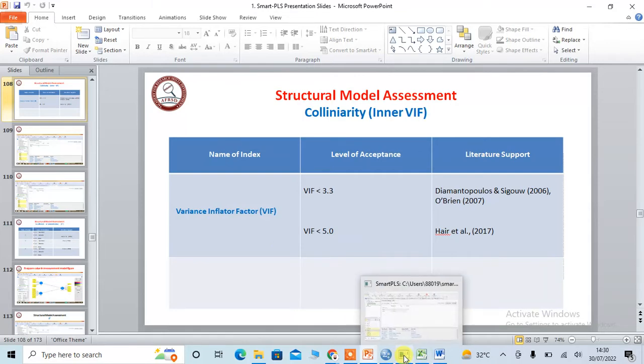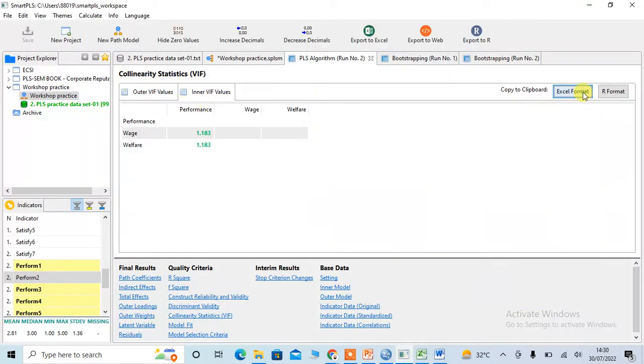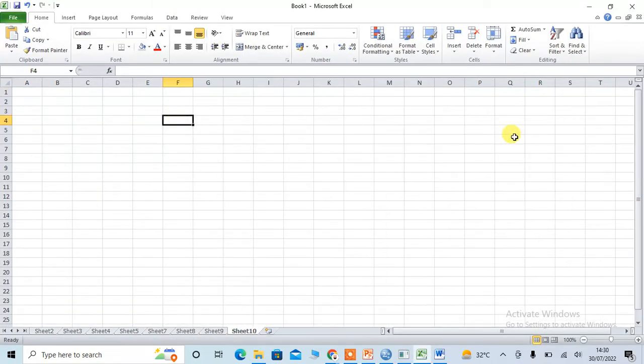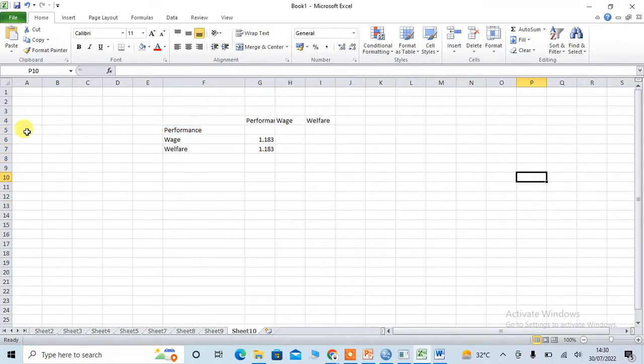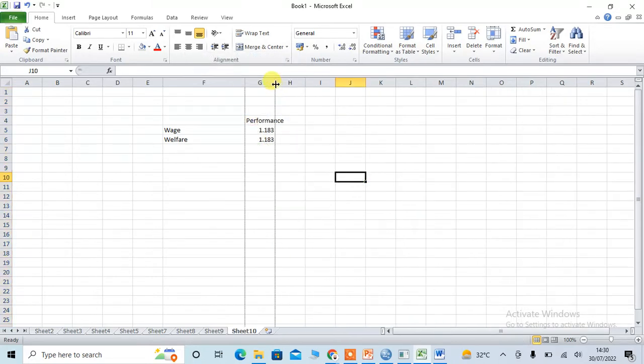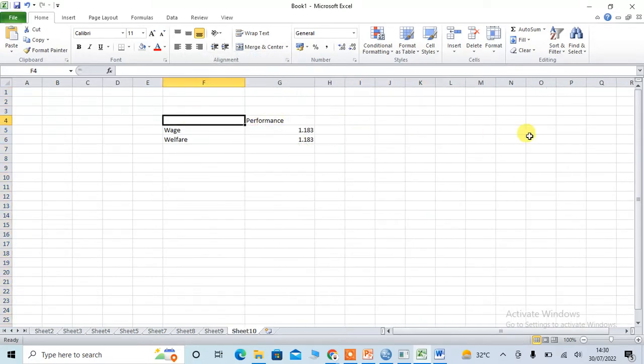And how to present the result? You will go to inner VIF and take the Excel sheet, and you will present the result on the Excel sheet, with exogenous variables over the dependent or endogenous variable.